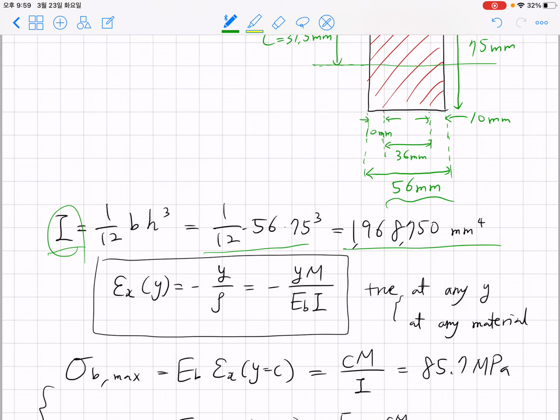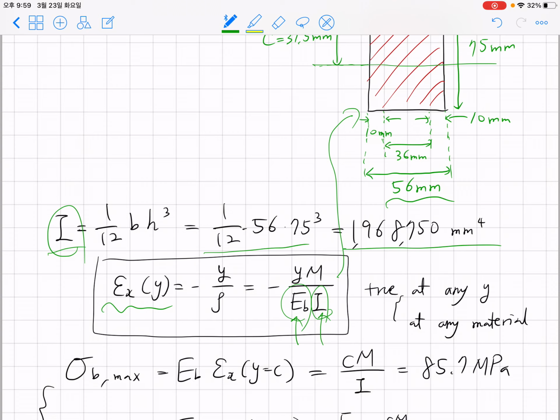So when we solve the brass problem, when obtaining the strain, we have to use minus y M divided by the modulus of brass multiplied by I of this brass problem. If you happen to use the steel problem, instead of the modulus of brass, we have to use the steel elastic modulus and the I for that single equivalent steel problem.